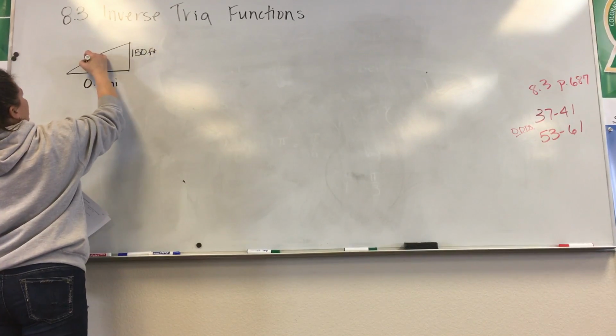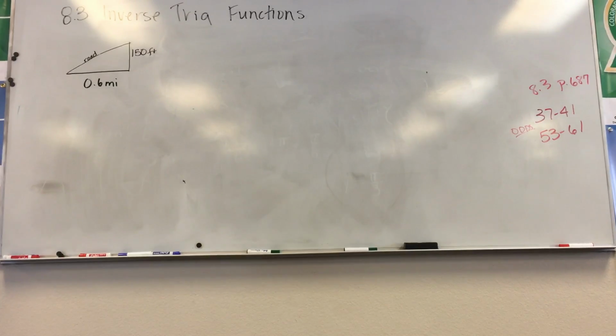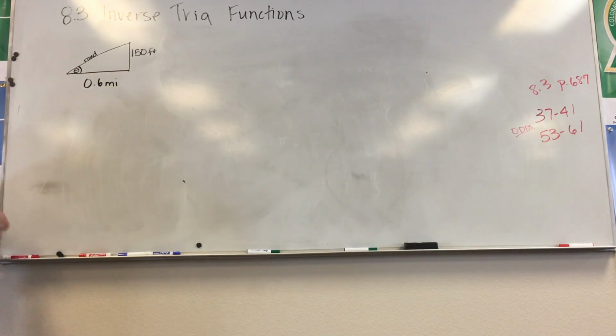And this is the road. What is the angle of elevation of the road? Well, it would be 0.6 over 150 in the reverse tangent thingy.